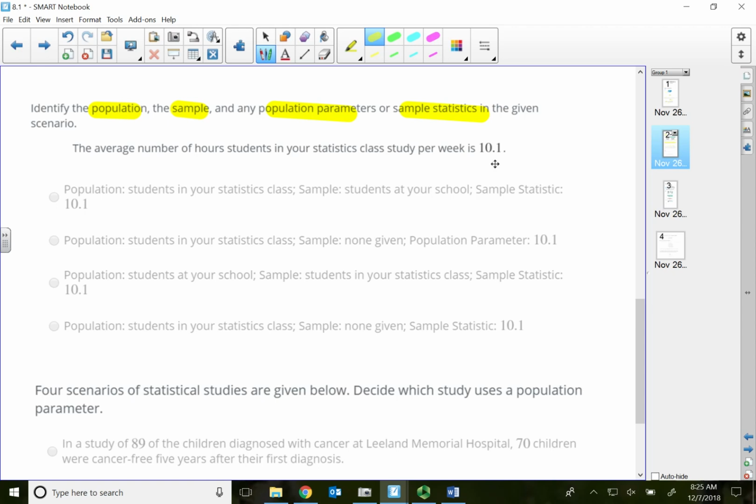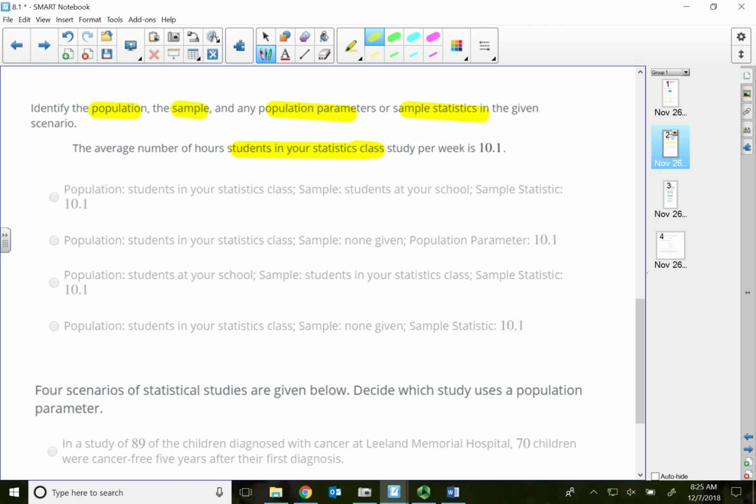So what's my population? The population has to be the students in your statistics class.